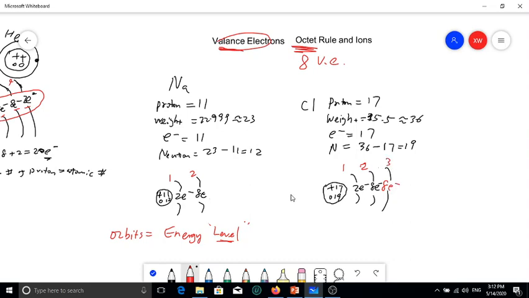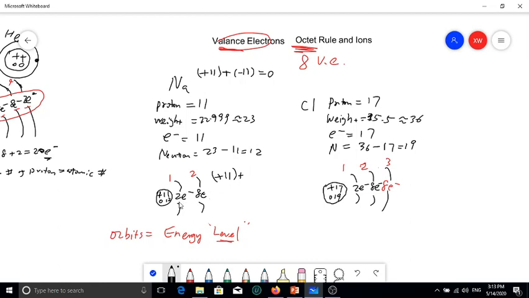Now remember that when you have a neutral atom, sodium, you had 11 protons, which is 11 positive charges, and 11 electrons, which is 11 negative charges. So the neutral overall charge is 0. But now you're breaking the balance. You're not doing anything to the nucleus, so you still have 11 protons.